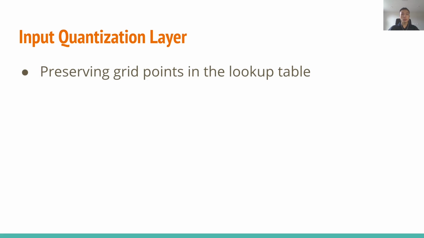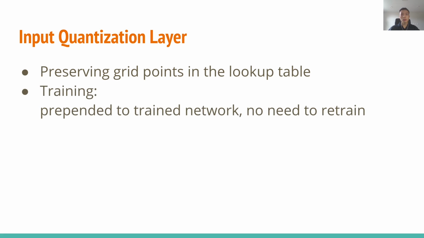The input quantization preserves the grid points in the lookup table, which means that the original points in the lookup table are the same after quantization, but the other points are mapped to the nearest point in this lookup table. And during training, we can actually reuse the pre-trained network and prepend the quantization layer to the network, so there is no need to retrain the networks.